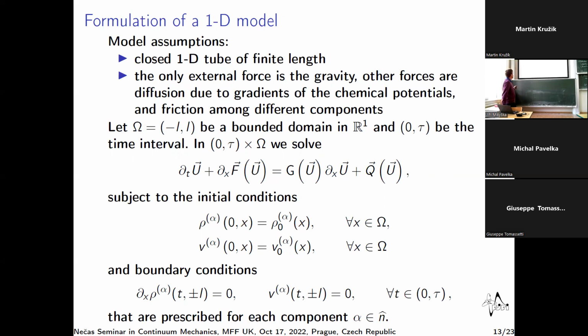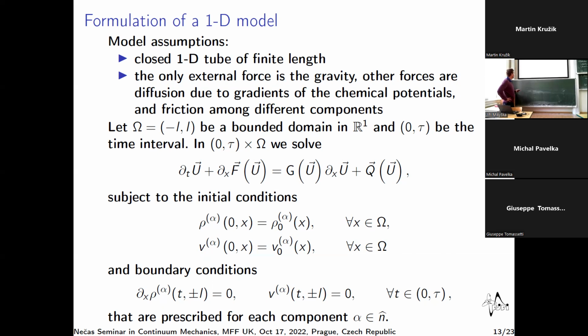We will assume that we investigate flow in a closed 1D tube of finite length, and the only external force is the gravity, and other forces are diffusion from the gradients of chemical potentials, and of course the friction from different components. So basically, in this space interval and this time interval, we solve this system of this form with this non-ideal part.